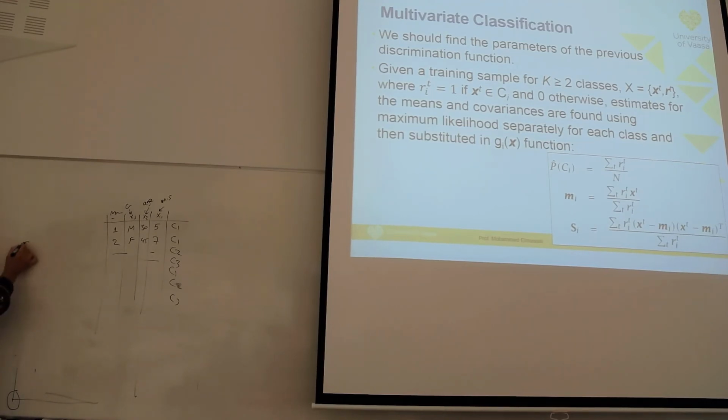discriminant function. So now, when you have J1 of X for class 1, and J2 of X for class 2, and J3 of X for class 3. Okay.